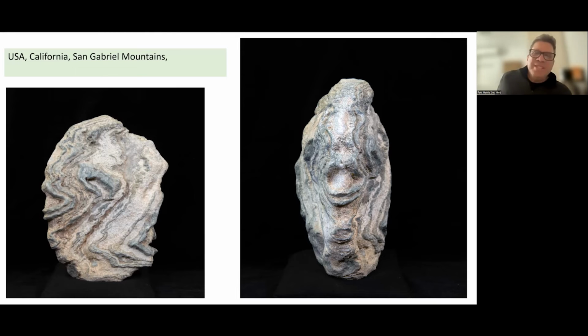Well, what you just said about the piece of petrified wood is a good transition to this stone. This is a very large, very heavy, very dense piece of material. I found a geologist, Gary Hayes, who wrote about rocks from the San Gabriels.